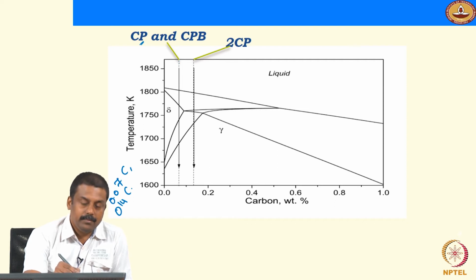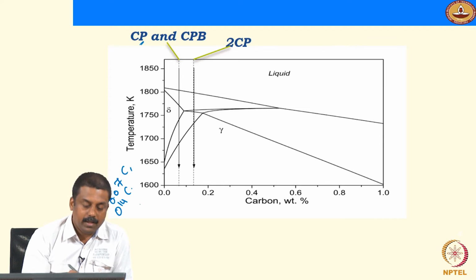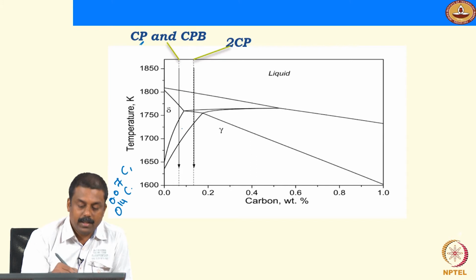When the liquid is cooled below the solidification temperature, and if your carbon concentration is less than, for example, the peritectic reaction composition, the liquid will first solidify into delta ferrite. Because of the low carbon concentration, you will have complete solidification of the liquid into delta ferrite, and a single phase delta ferrite forms.